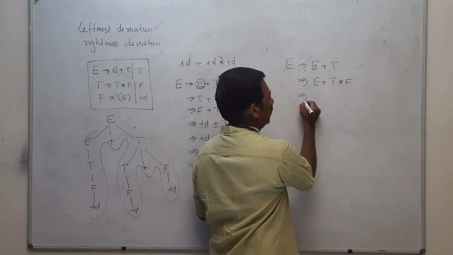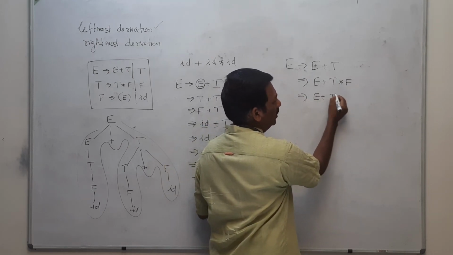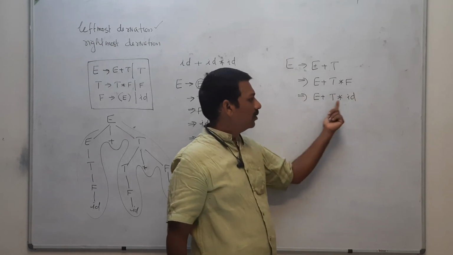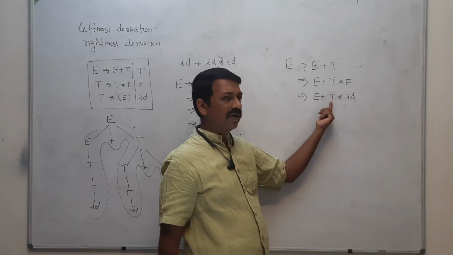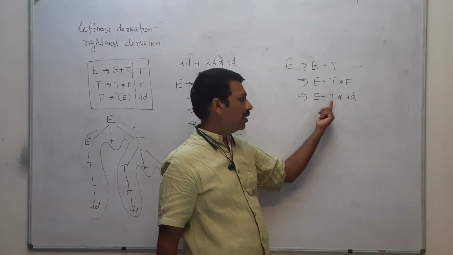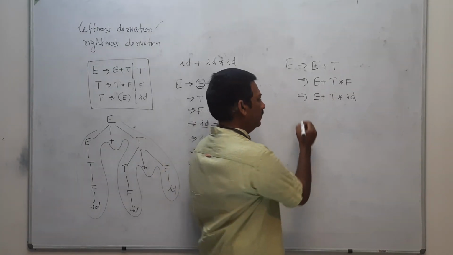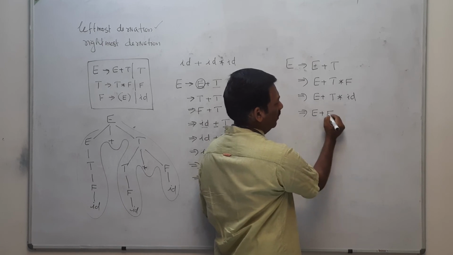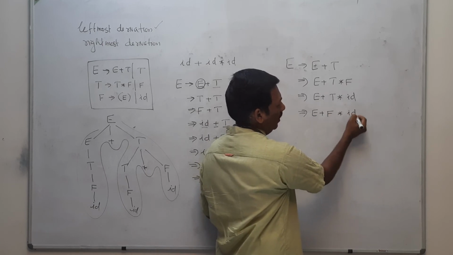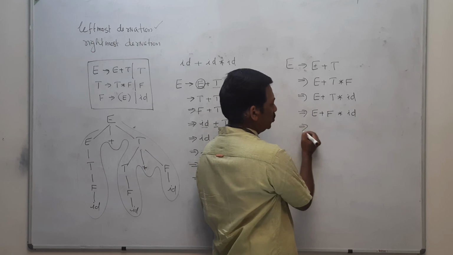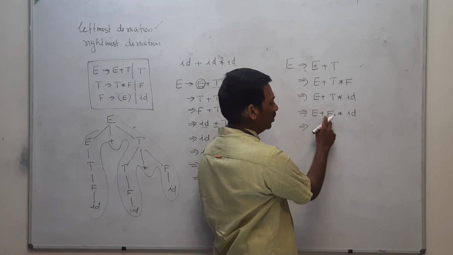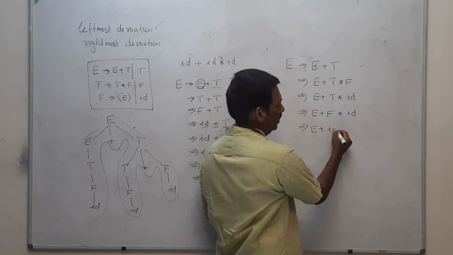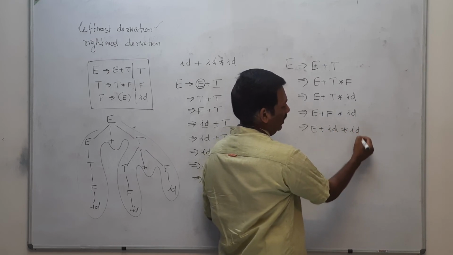This will become E plus T star id. Now the rightmost non-terminal is T, and I replace that with F. It is E plus F star id. And now the rightmost non-terminal is F, which I replace with id. That means E plus id star id.